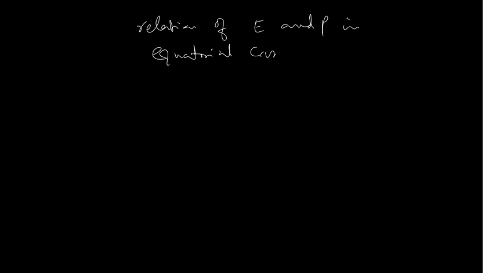Now we talk about the relation of E and P in an equatorial case. In an equatorial case, E is opposite to that of P. This is also an important point, that's why I'm writing it.